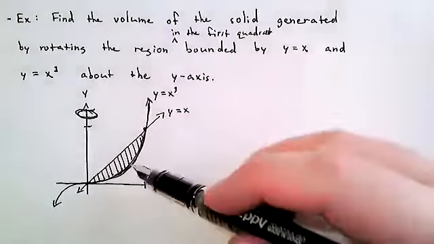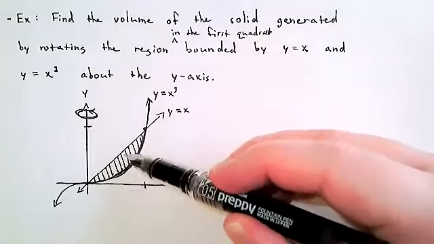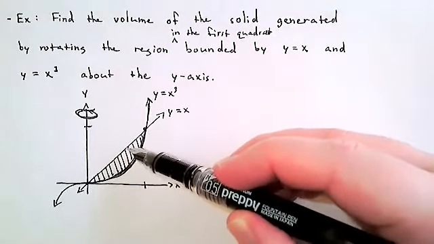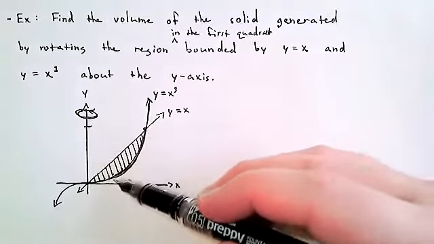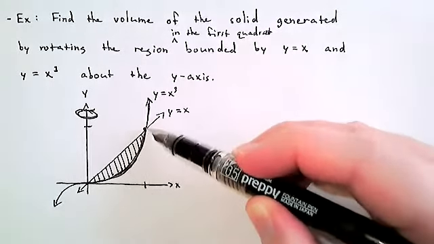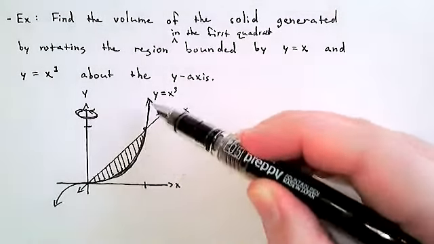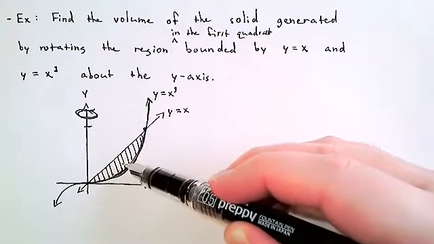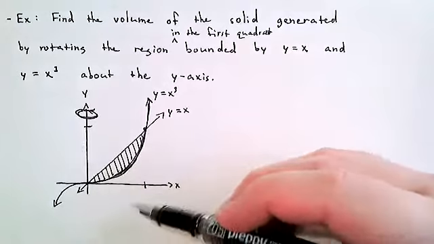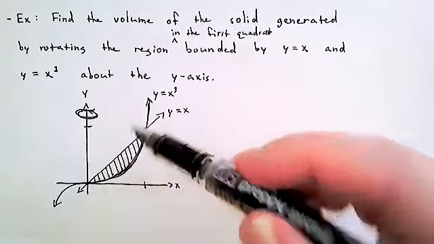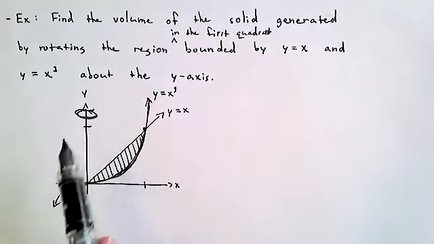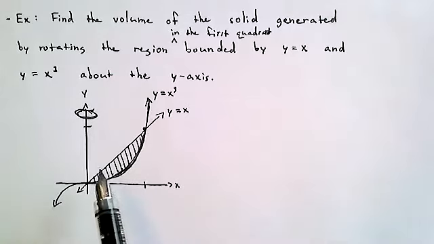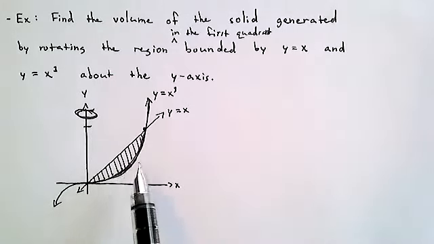Okay, so before we were making slices like this. So this would have been my upper function. This one would have been the lower function. I would subtract the smaller one from the upper one, and we would be rotating around this way. But since we're rotating around the y-axis, this is going to look a little bit different. Our slices are now going to go across this way.